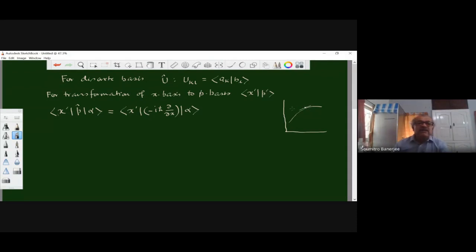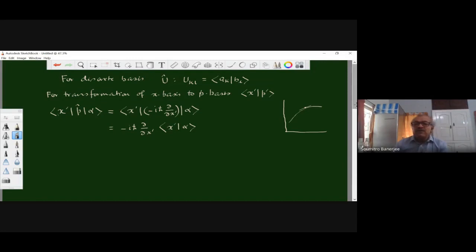So effectively, this is the same as minus i ħ ∂/∂x' of ⟨x'|α⟩. Here it was asking me to first differentiate and evaluate at x'. Now we are evaluating at x' and then taking the derivative. That's it. It should lead to the same thing.